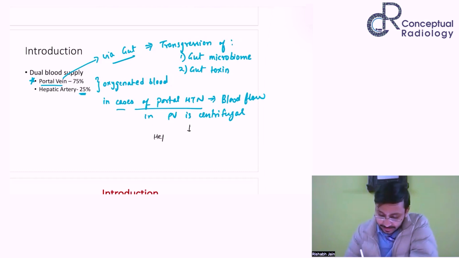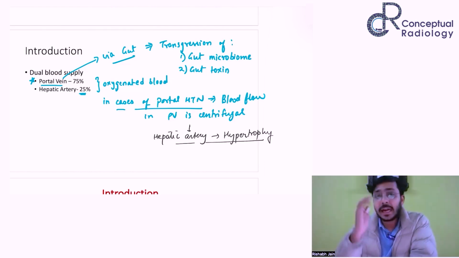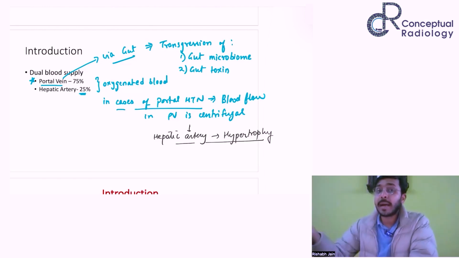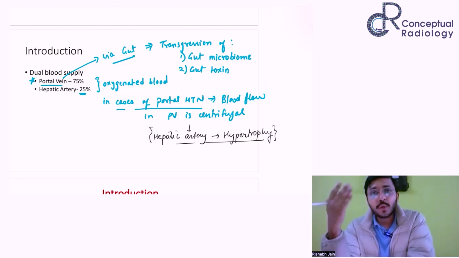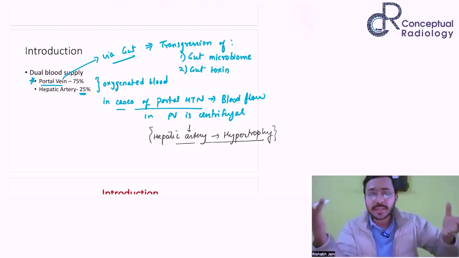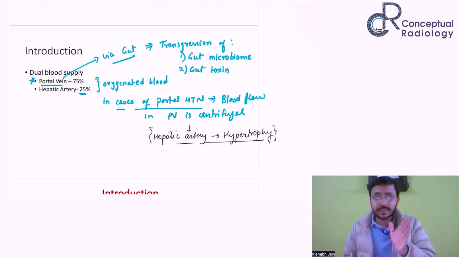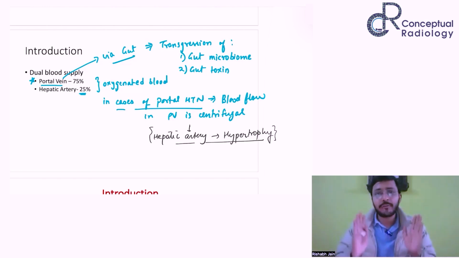In such cases, the hepatic artery undergoes hypertrophy. So is hepatic artery hypertrophy an indirect sign of portal hypertension in a background of liver cirrhosis? Yes. In fact, if you work in a liver center like I do, you'll frequently see that in cirrhotic patients the hepatic artery is very hypertrophied, very big. So this is a direct correlate from this knowledge.